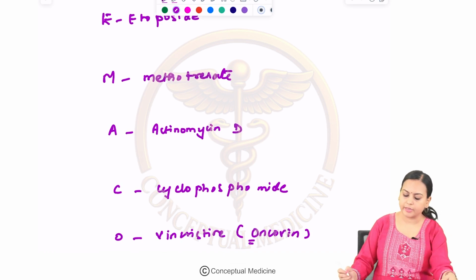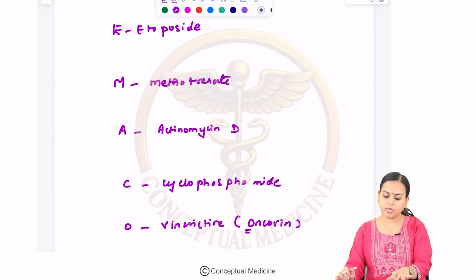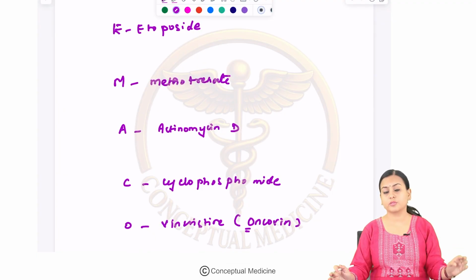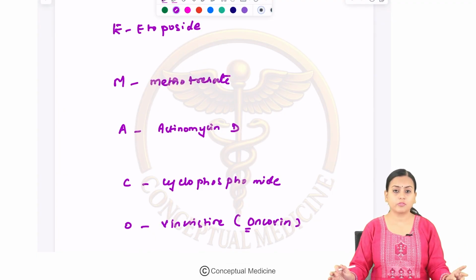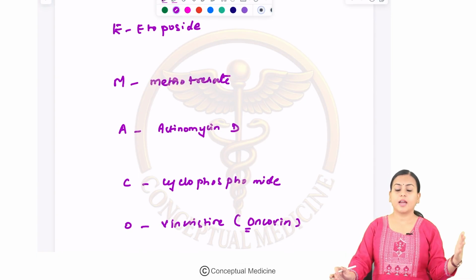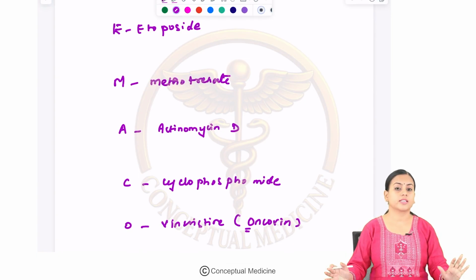So this O is taken here to represent it. So what is EMACO? That is etoposide, methotrexate, actinomycin D, C for cyclophosphamide, and finally O means Oncovin, which is nothing but vincristine.